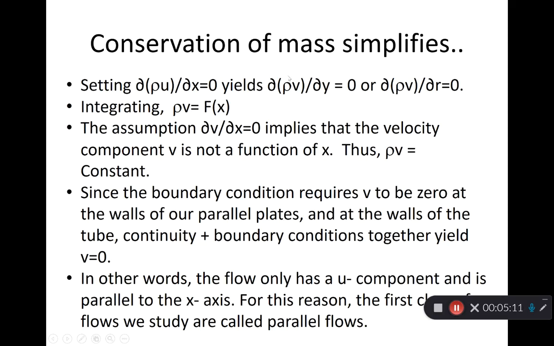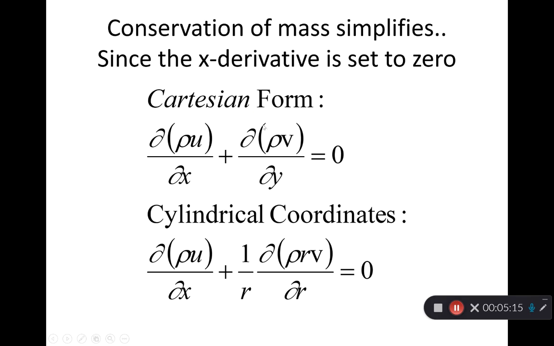So conservation of mass, if the x derivative goes to 0, this goes away, you get only this quantity. Now it can be very easily integrated: partial of rho v with respect to y equals 0. That means rho v could be either a function of x or rho v can be a constant.